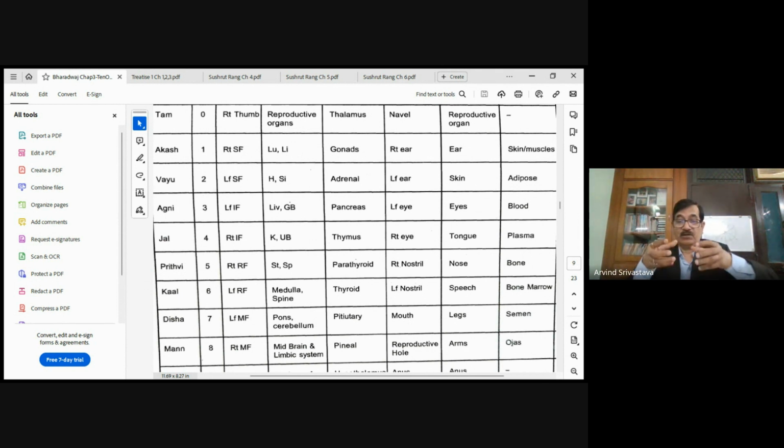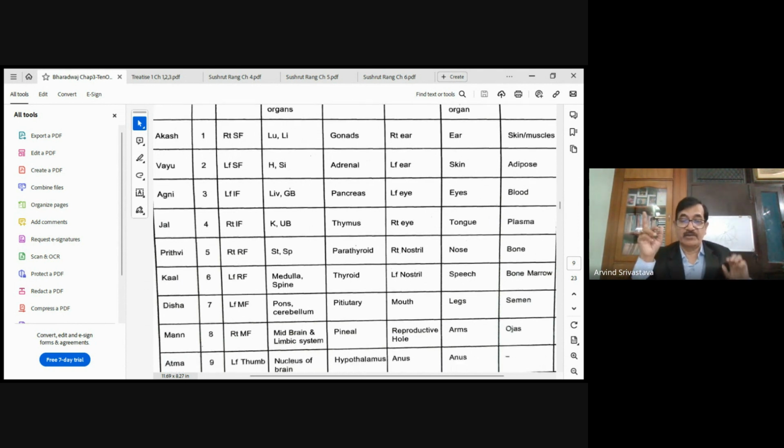After the medulla comes the pons, and the cerebellum is located on either side of the pons. So the cerebellum is on the same platform. It has been kept on disha, finger number 7, cuff joint, and on the what joint, the pons has been kept. Now again come to man, the right middle finger.